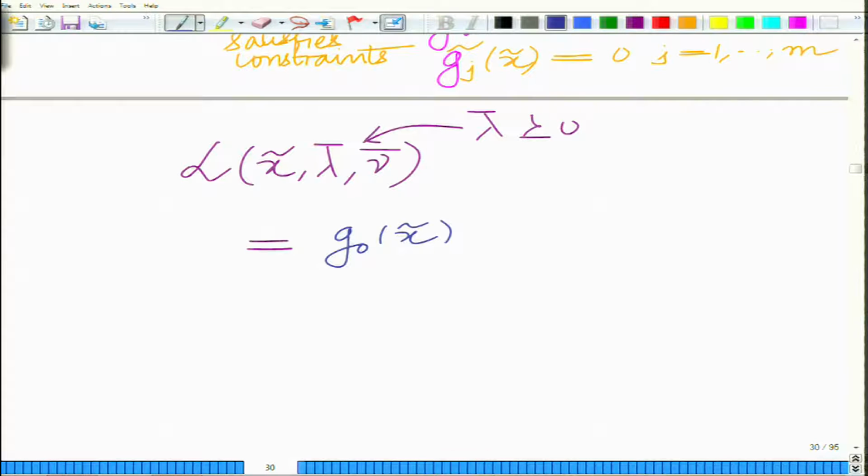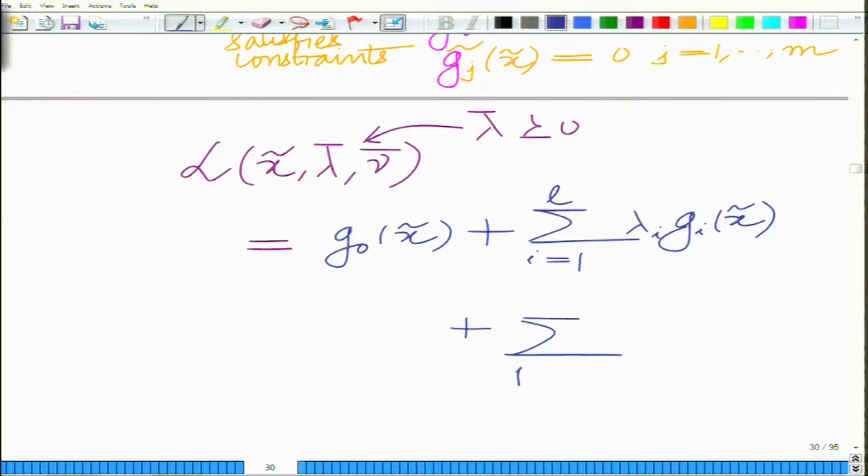So, this is g naught x tilde plus summation i equals 1 to L lambda i g_i x tilde plus summation j equals 1 to M nu j g_j tilde x tilde.